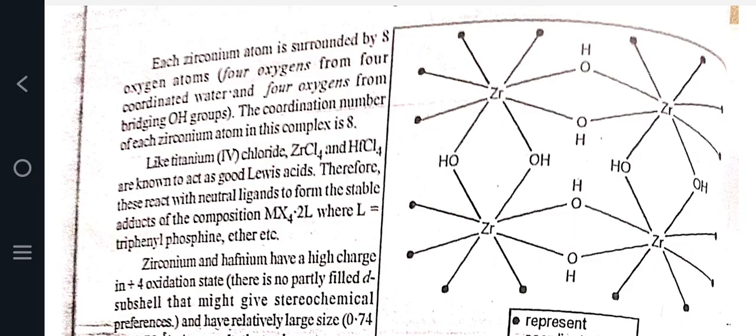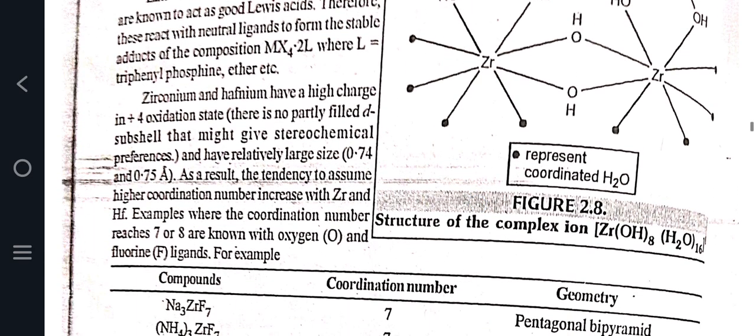Like titanium tetrachloride, ZrCl4 and HfCl4 are known to act as good Lewis acids, therefore they react with neutral reagents to form stable adducts of the composition MX4·2L, where L is triphenylphosphine, ether, etc. Zirconium and hafnium have a high charge in the +4 oxidation state.